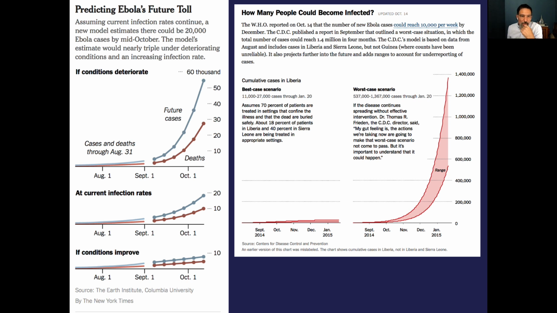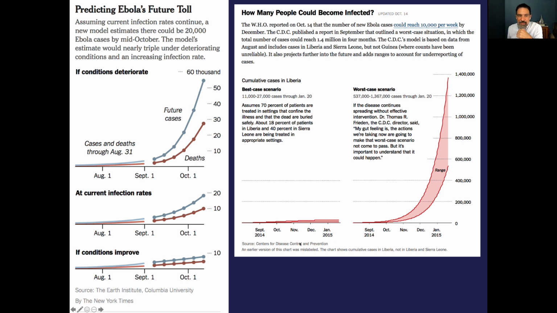So just to put these numbers in context, by the end of the outbreak, there were about 15,000 cases and 11,000 deaths. And on the right here, we see another model that the CDC released, and they predicted, in a worst case scenario, between 500,000 and almost 1.4 million cases if there were no effective interventions to be implemented.